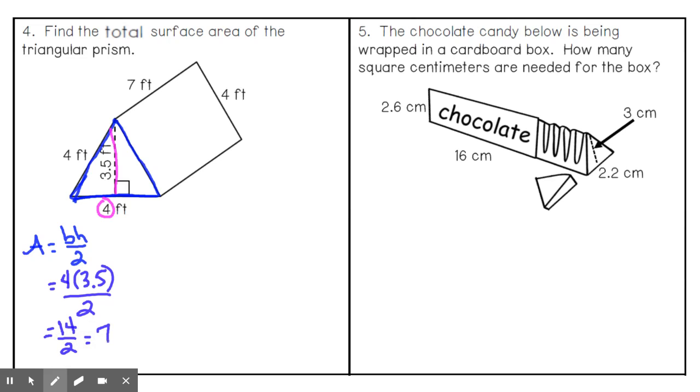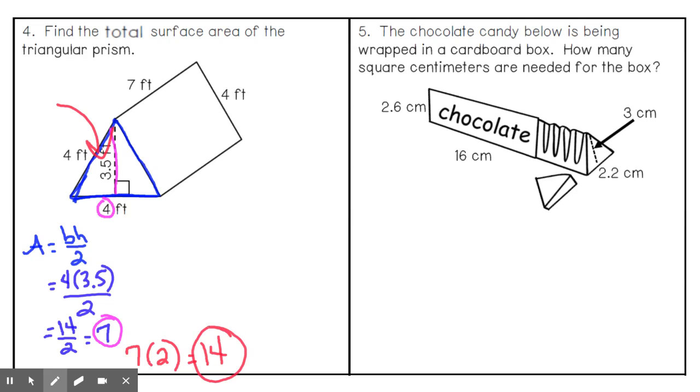Okay, so that means that one of our triangular bases is 7. Okay, so we have 7 there. And then what you need to remember is that we actually have 2 of these triangular bases, right? We have 2 of those. So 7 times 2 means our triangles total 14.